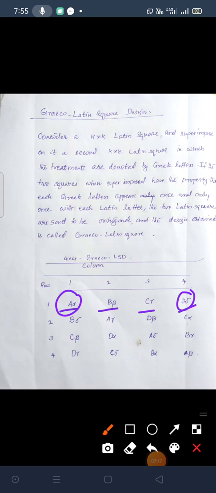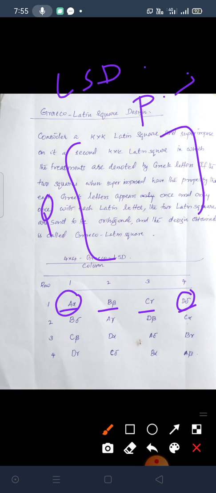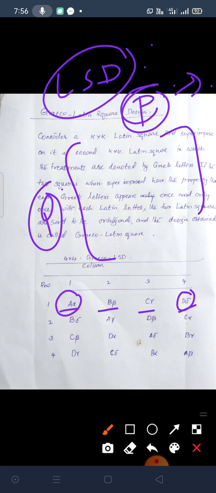Remember that in Latin square design we have two factors P and Q, so we are eliminating the sources of variation due to these two factors through LSD.